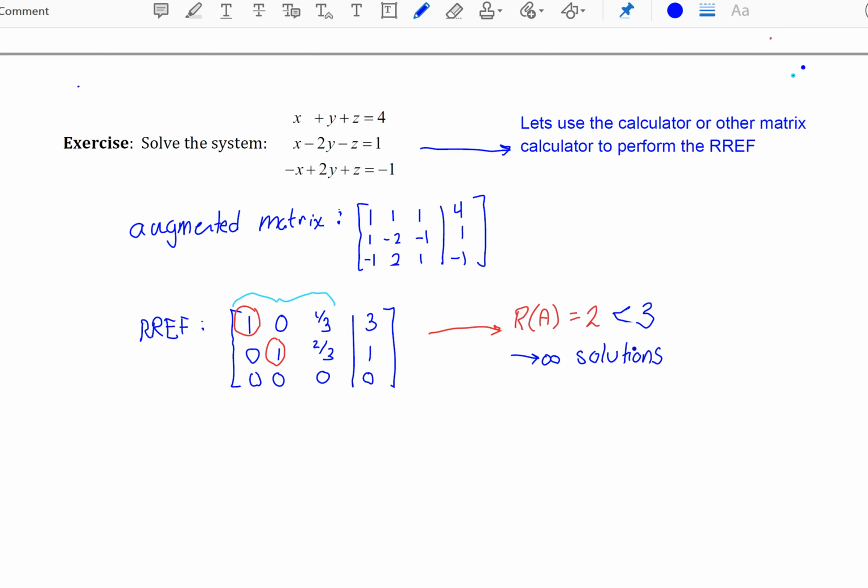Okay, so to find our infinite numbers of solutions, let's identify our pivots by writing our system of equations again. So as a system of equations, this would look like x plus 1/3 z is equal to 3, y plus 2/3 z is equal to 1, where we're going to say x and y are the pivot variables.